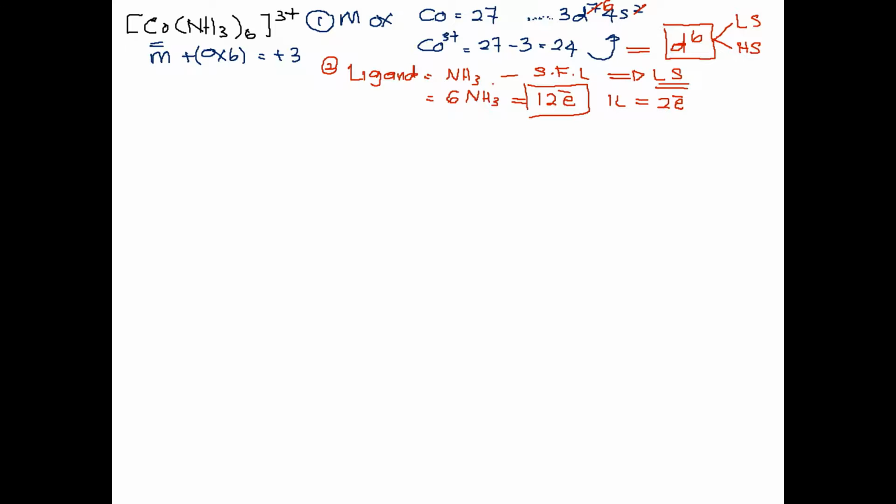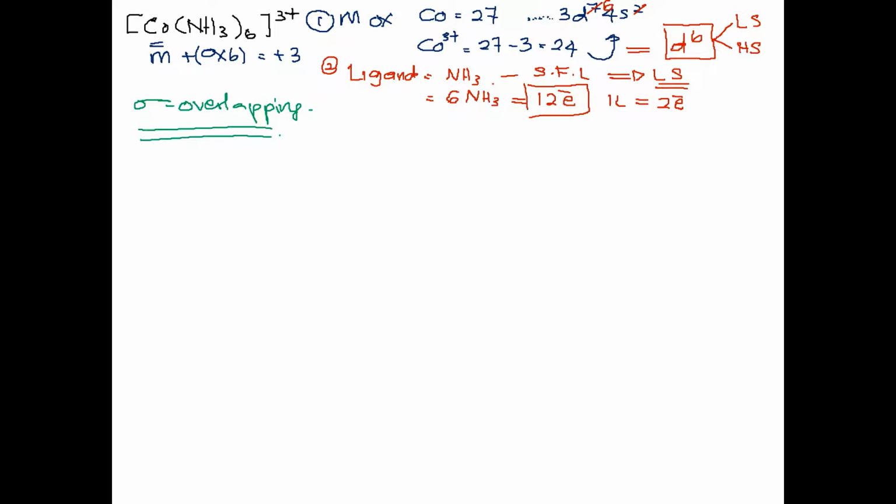Okay, let's start to draw the molecular orbital theory. And remember, this is a sigma overlapping. Kita belum masuk lagi pi overlapping. So this is a sigma overlapping. This is the metal side.